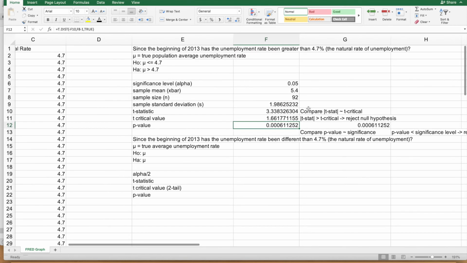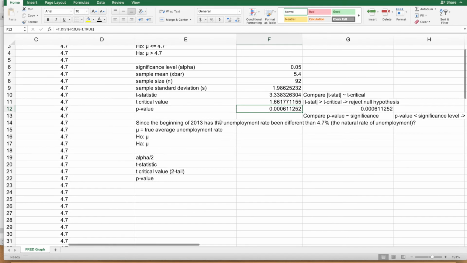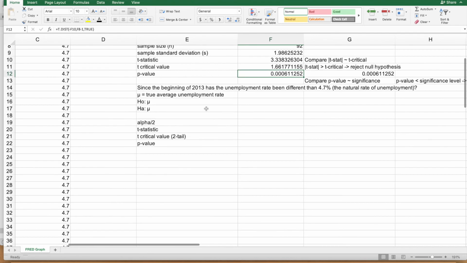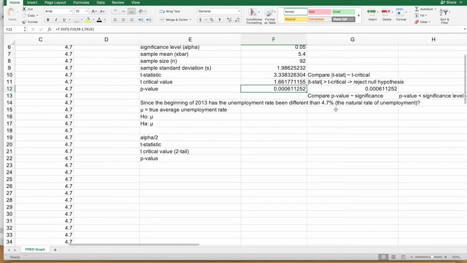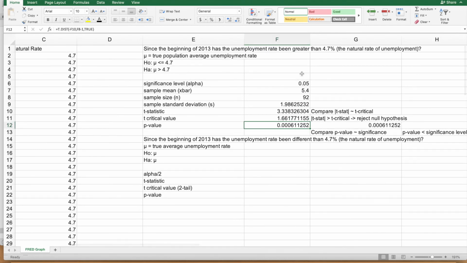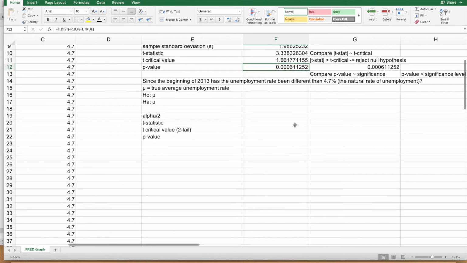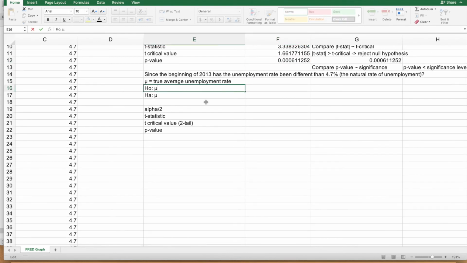Let's do the two-tailed version of this test real quick. So if we got this question, since the beginning of 2013, has the unemployment rate been different than 4.7%? That's a different question because this is greater than, this is different than. Now we are talking about a two-tailed test. The null is that they are equal.